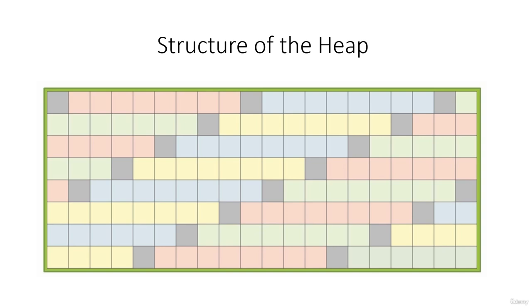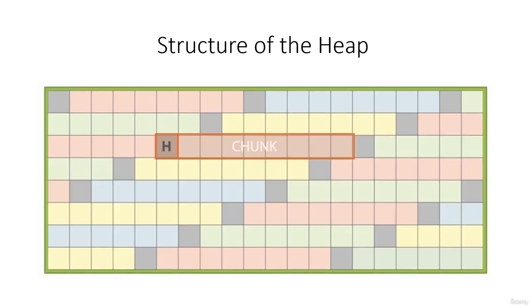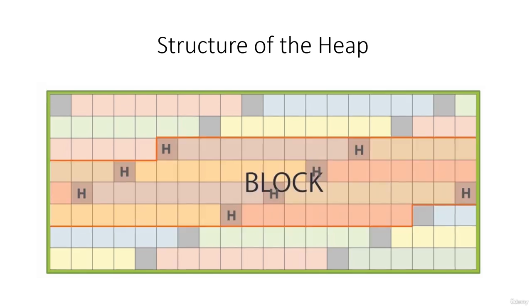When a process is started, the memory area is filled with memory management structures that we call chunks, and each chunk is filled with a header. When the process allocates an area of memory from the heap, which we will call a block, more chunks are reserved to create the requested block of heap memory.